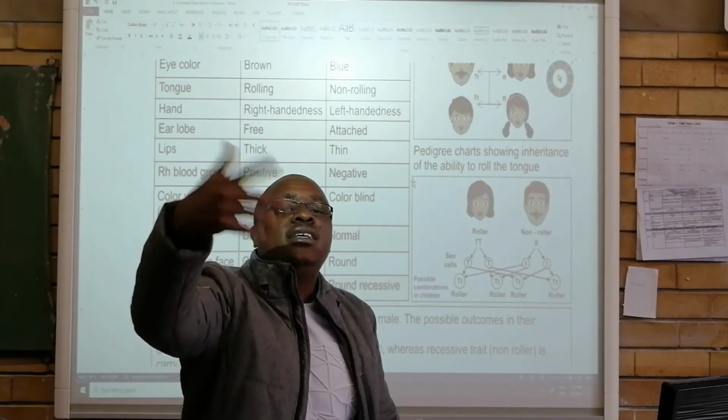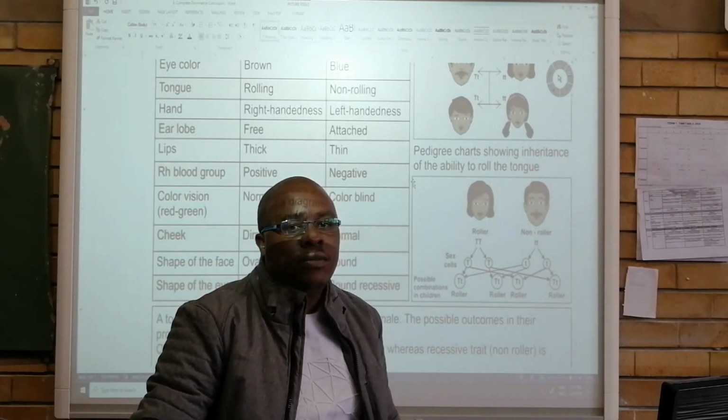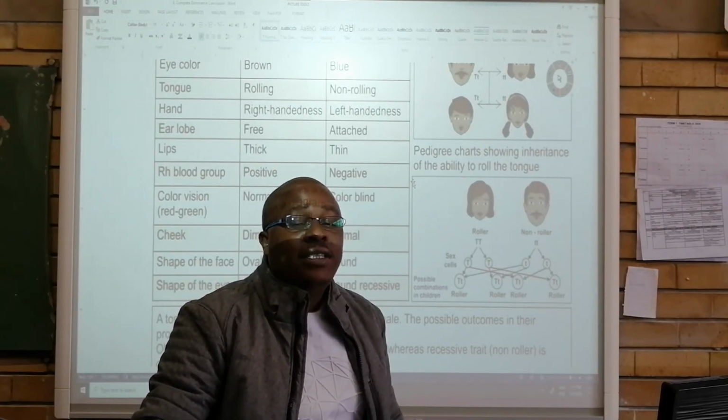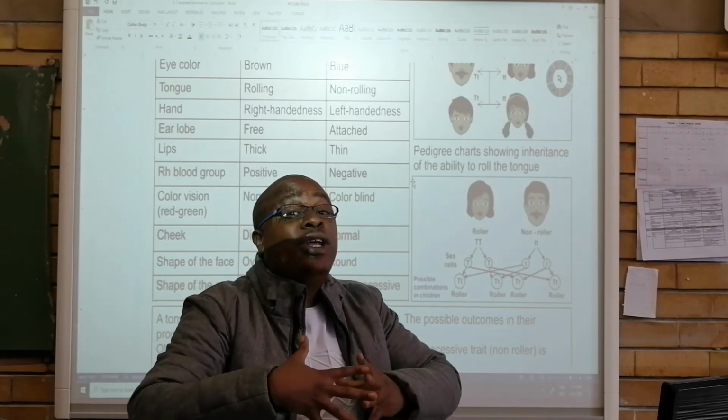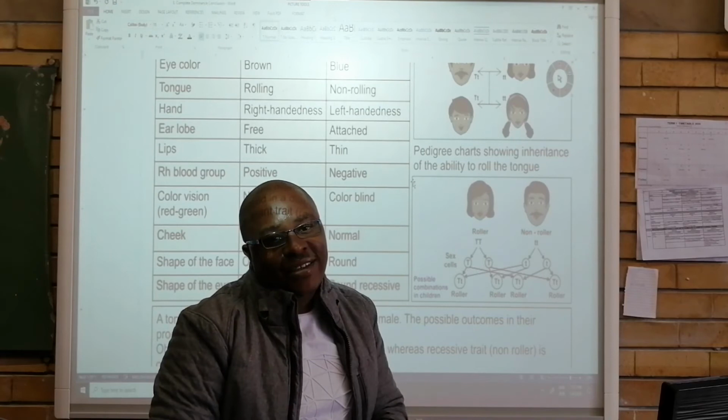A lot of the characteristics that you find in a population of human beings are in the recessive form. Why? That guarantees that the majority of the population have the characteristic.